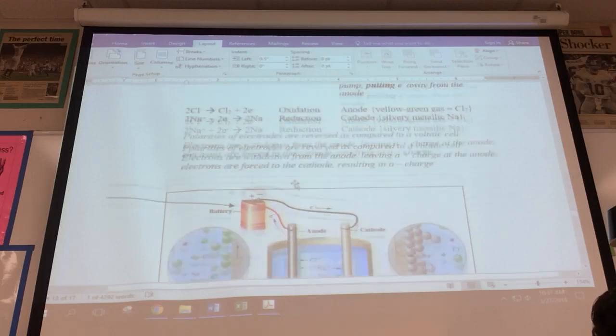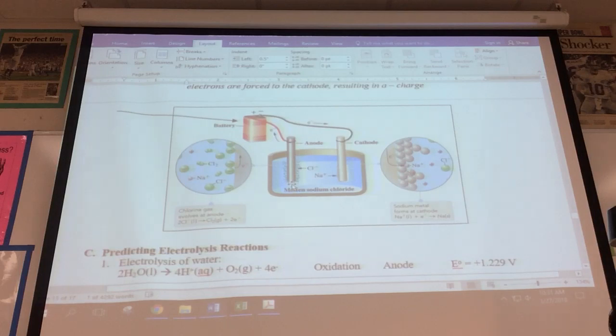Bubbles. And that's what you're seeing right here. So at this electrode, you're seeing bubbles being generated because chlorine gas is formed. In addition, that has a yellow-green color, so you would see that color being produced. And here you can see that the cathode is increasing in mass as the sodium is plating on that cathode.